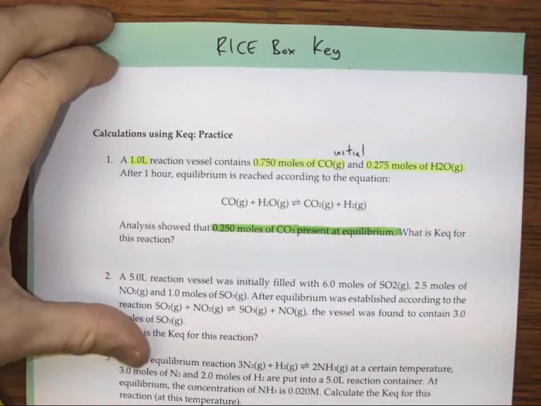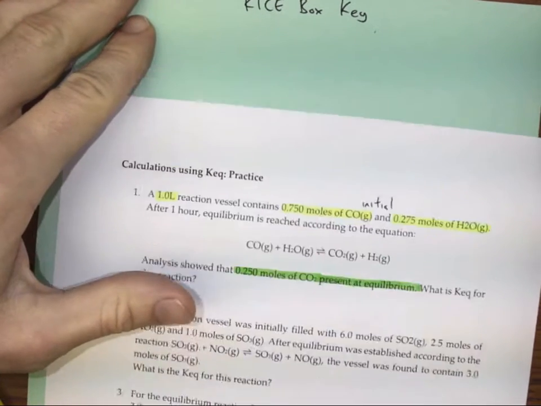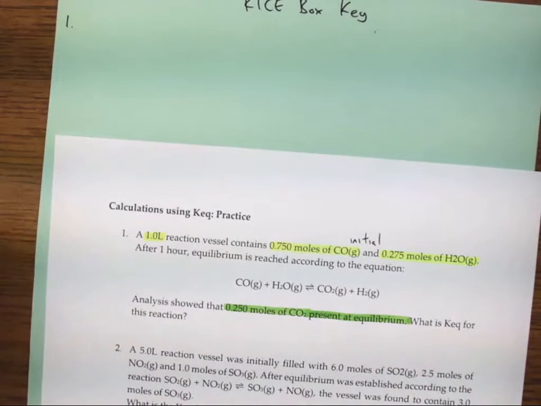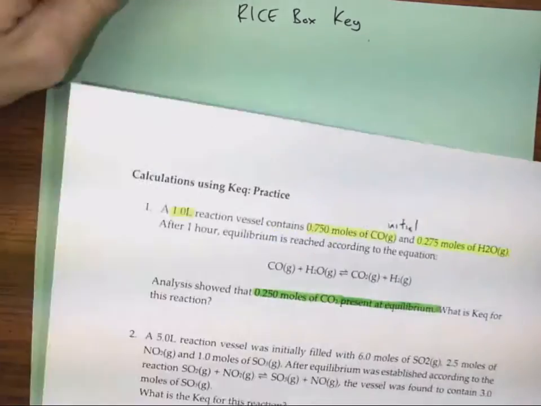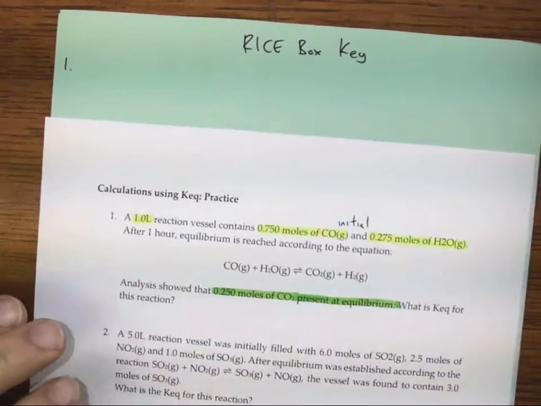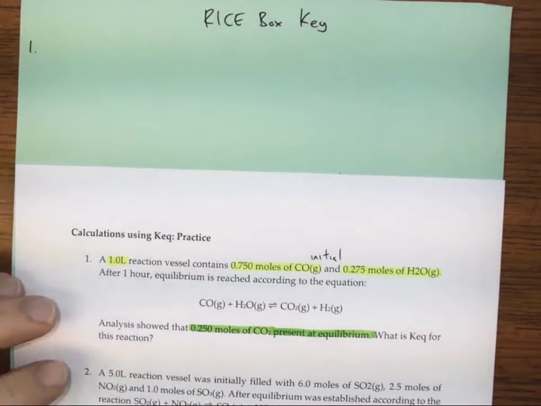All right, so I'm not really sure how to get started with a question like this. I don't really know exactly where to get started, but that's what RICE boxes are for. It helps me direct my thoughts so that I don't have to feel confident that I know how to find the answer necessarily.